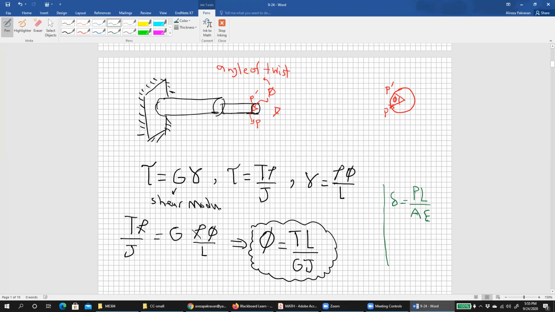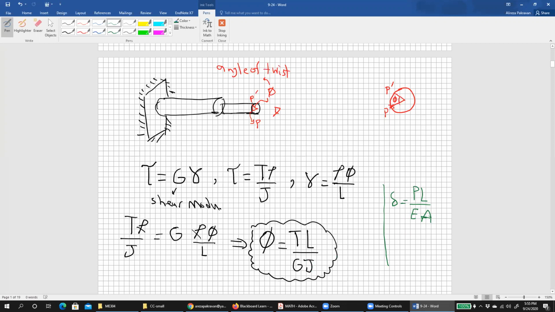For the axial bar, we have force P; for the shaft, we have torque T. The length of the bar, the length of the shaft. E, elasticity modulus; G, shear modulus. A, the cross-section area, is a property of the cross-section. J, the moment of inertia, again is a property of the section, right?